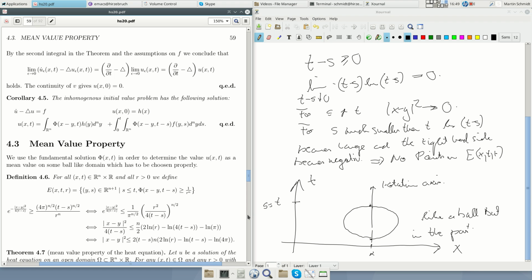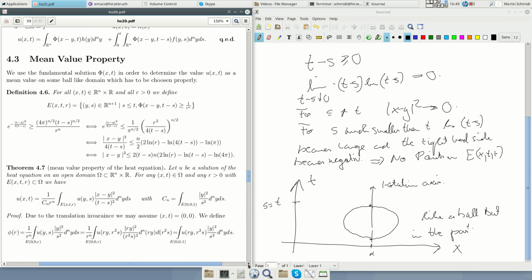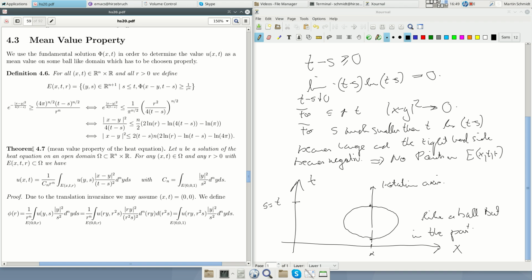And now we have a very similar property like the mean value property of Laplace equation. The statement is more complicated, because we have this complicated heat ball and we have another weight function. It's not just the integral, but we have a weight function.